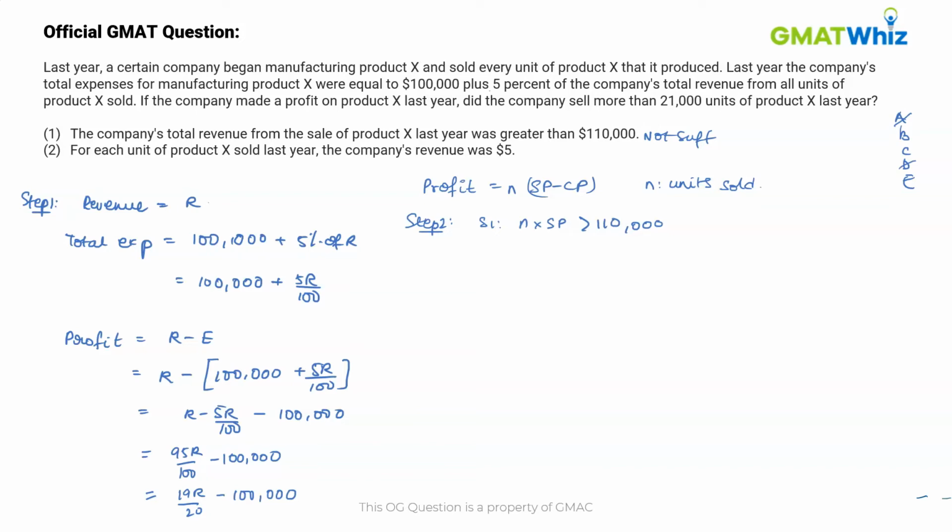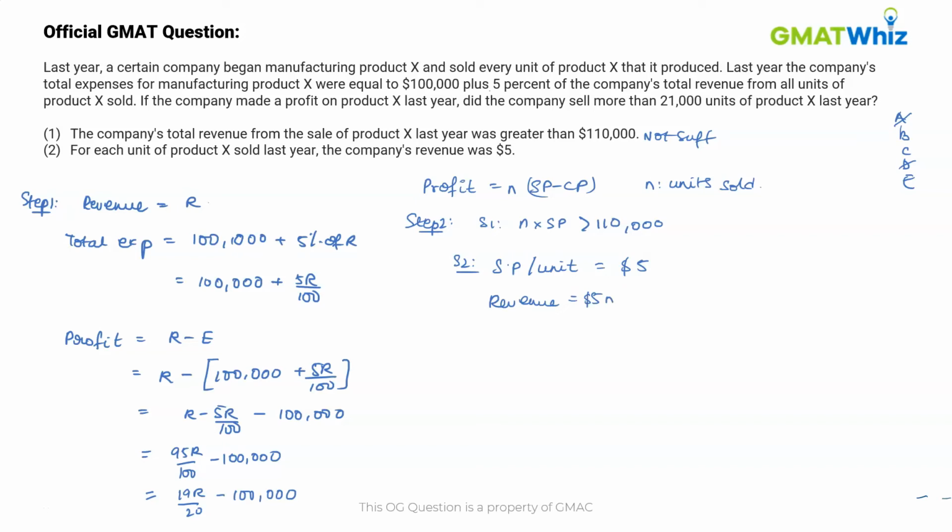We now check the sufficiency of statement 2. The statement 2 tells us that for each unit of the product X sold last year, the company's revenue was $5. So, the selling price per unit of the product X is equal to $5. This means that the revenue generated is equal to $5N, since N is the number of products sold.